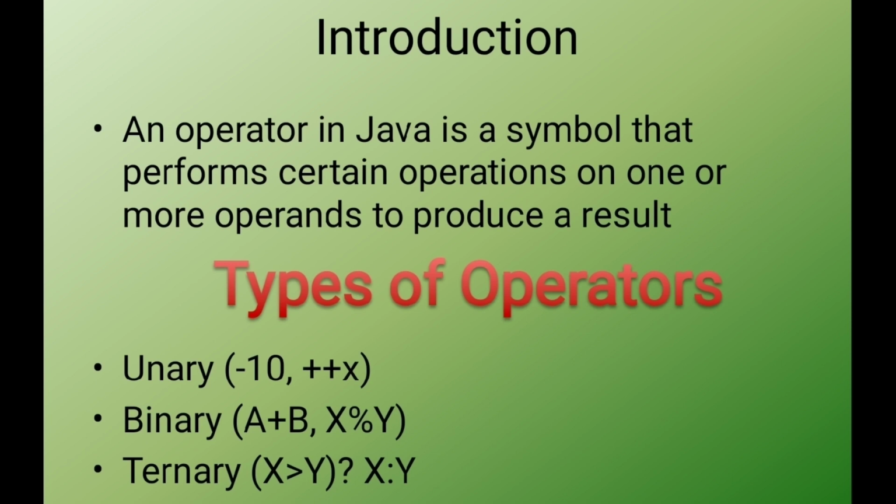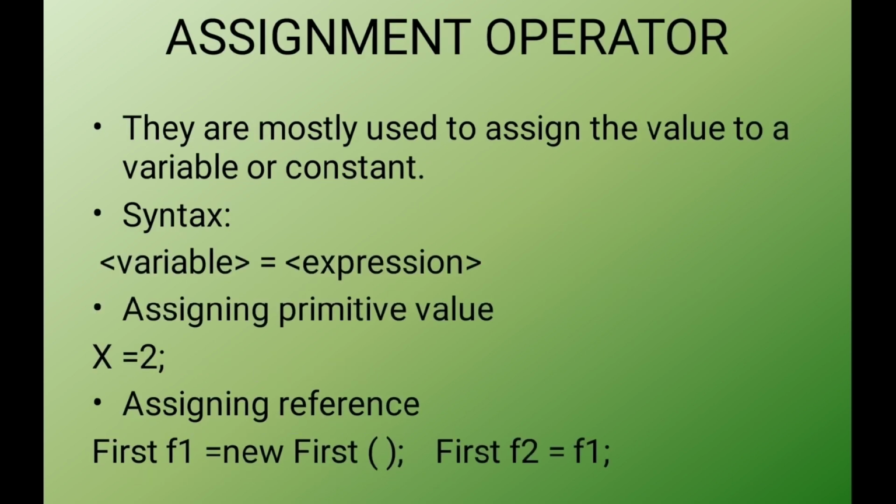Java operators fall into various categories like assignment operator, arithmetic operator, relational operator, logical operator, conditional operator, and so on. First, we will consider the assignment operator. Assignment operators are mostly used to assign a value to a variable. The syntax of the assignment operator is variable, then assignment operator, and then expression.